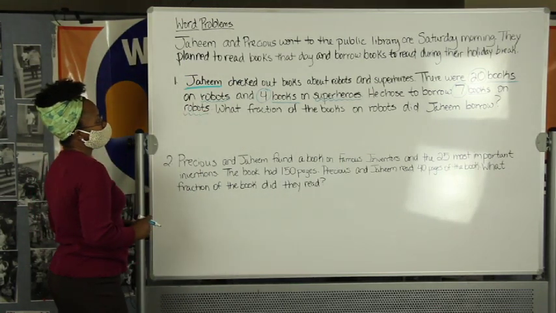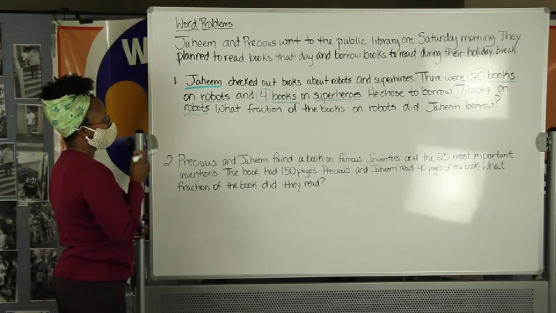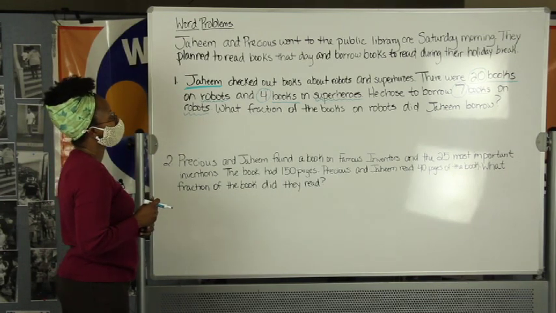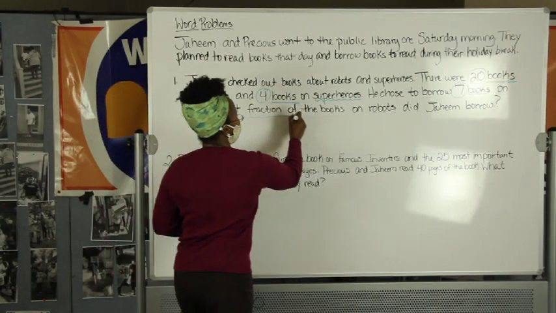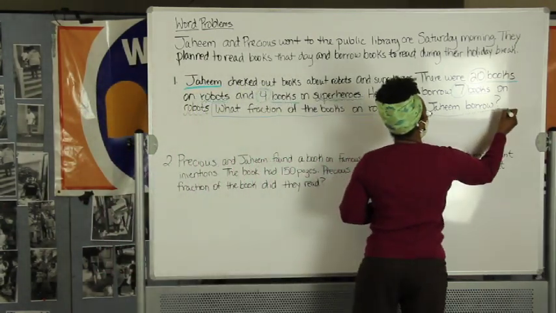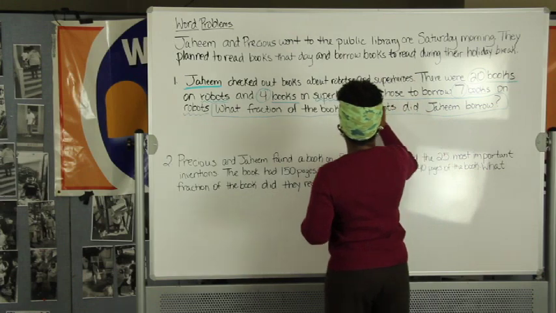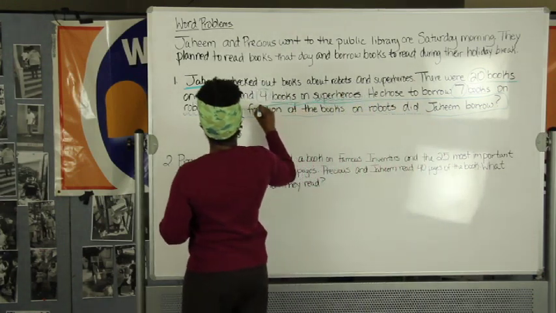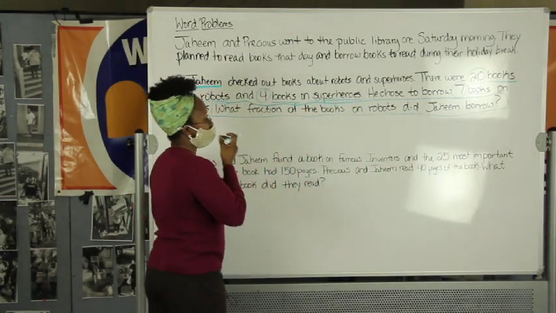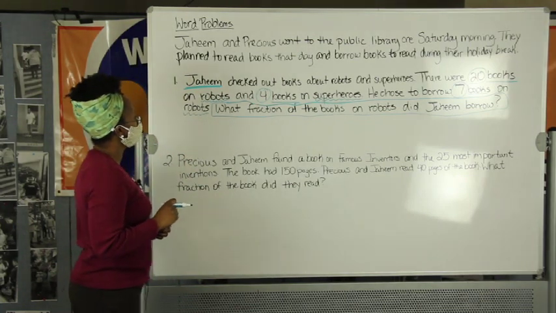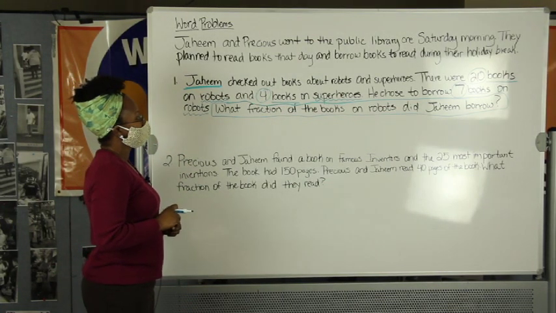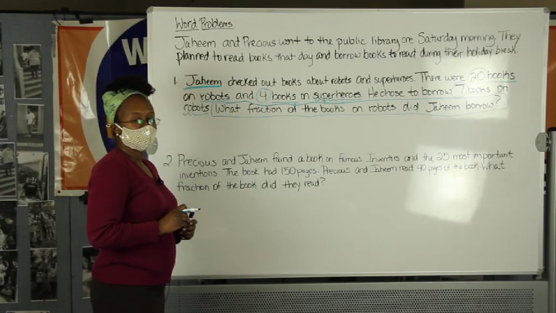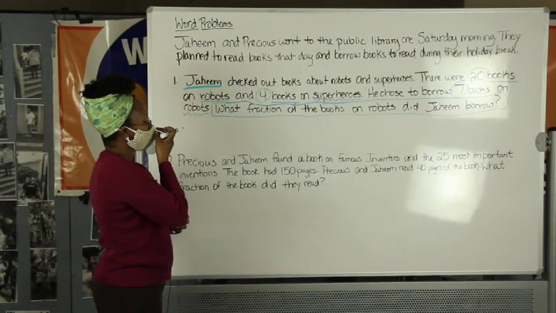What fraction of the books on robots did Jahim borrow? So I am going to go ahead and put a box around what I have to answer so I don't forget, and I keep that in mind. We need the fraction of the robot books that Jahim borrowed.